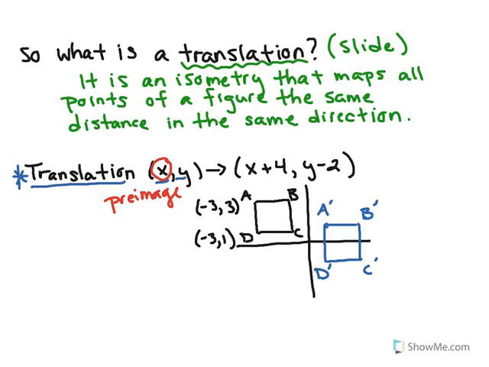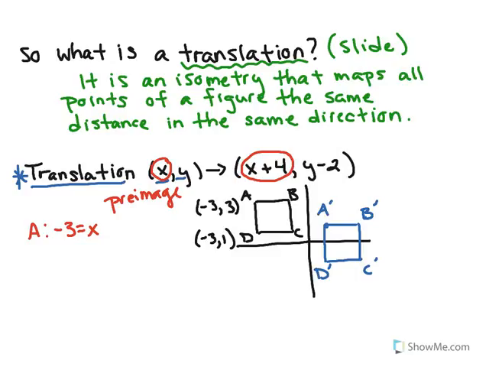So let's take one of our points over here, either A or D. Let's talk about A first. Okay, and the x-coordinate here is -3. So in order to find my image, in other words, after my transformation here, I would follow the rule for the x's right here.